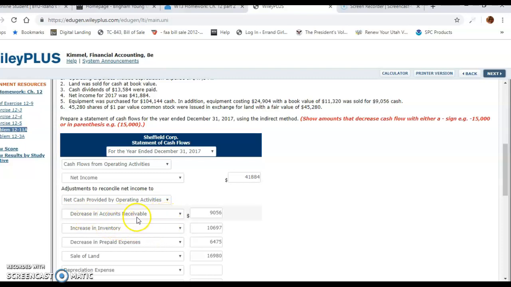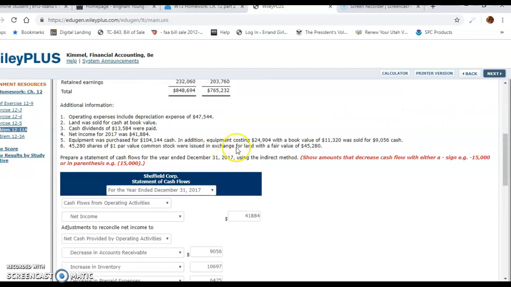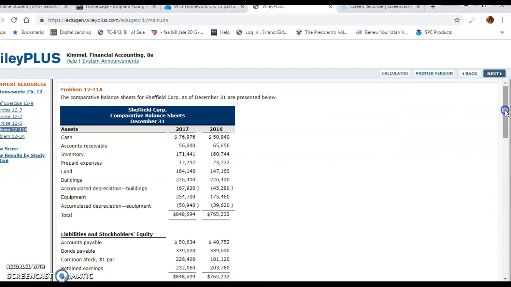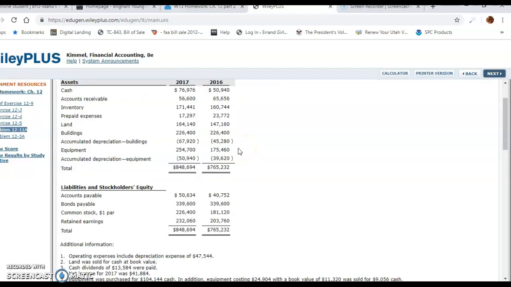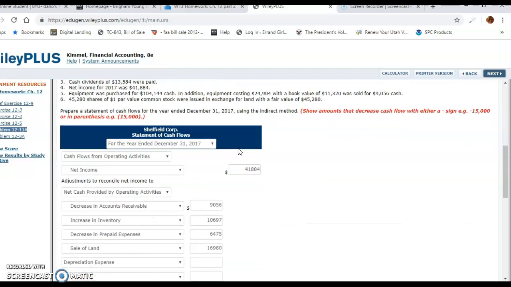Decrease in accounts receivable. As I looked at the decrease in accounts receivable, between 2017 and 2016, 2017 was a decrease. So we subtract 56,600 from 65,656, and we come up with a balance of 9,056.